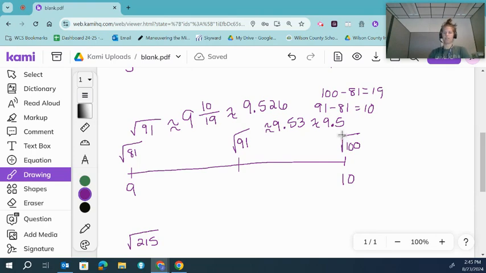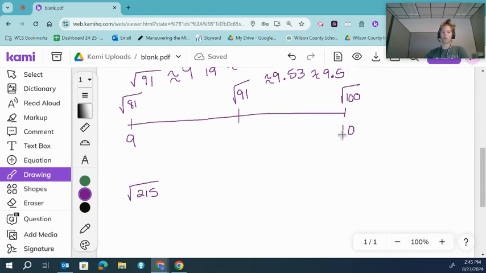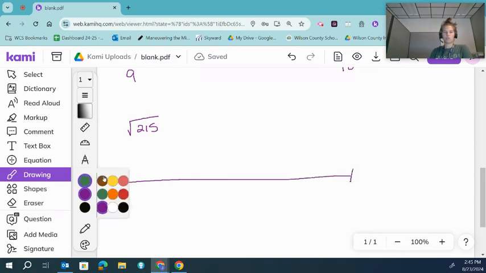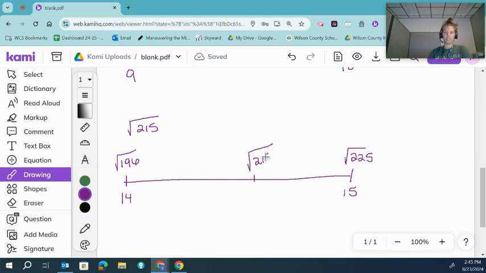All right, we'll do one more example together. A little bit bigger of a number here. The square root of 215 falls between 14 and 15 on my number line because 14 squared is 196, so we get the square root of 196. 15 squared is 225, and the square root of 215 is in between.